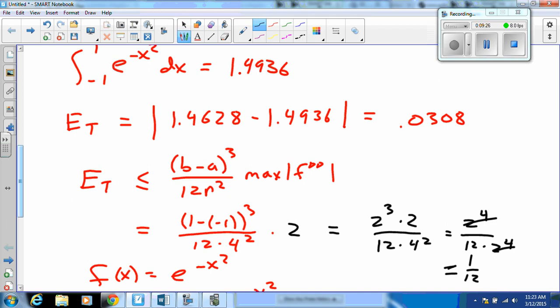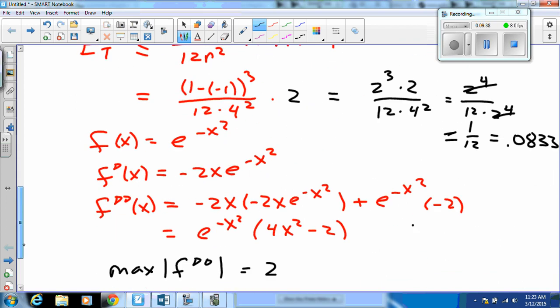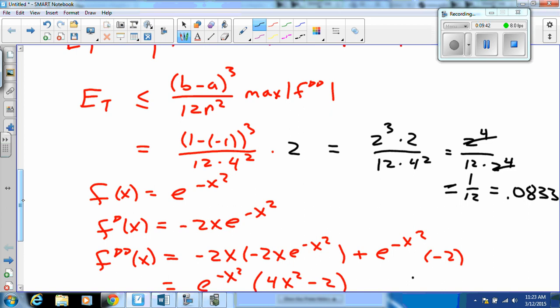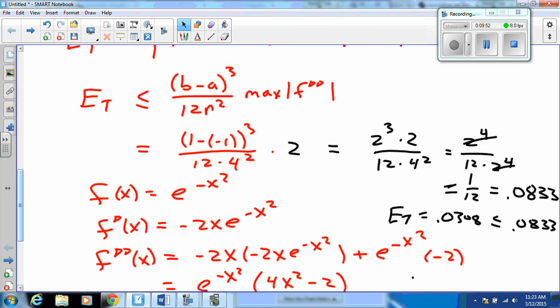In decimal form, 1/12 is 0.0833, and so clearly the error satisfies the error bound, and I can express that just like this, that the error, which is 0.0308, is less than or equal to 0.0833.